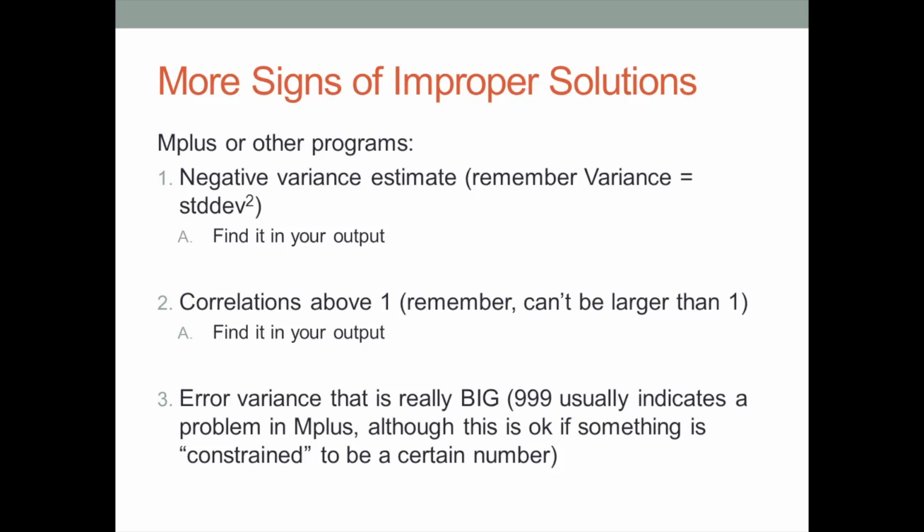So you'll have your coefficient and then you'll have 999s. And that's okay if you've imposed a constraint on a coefficient. Then it will be there to show you that it didn't actually estimate something because you constrained it to be something. However, if you didn't impose a constraint there, then that's a red flag.